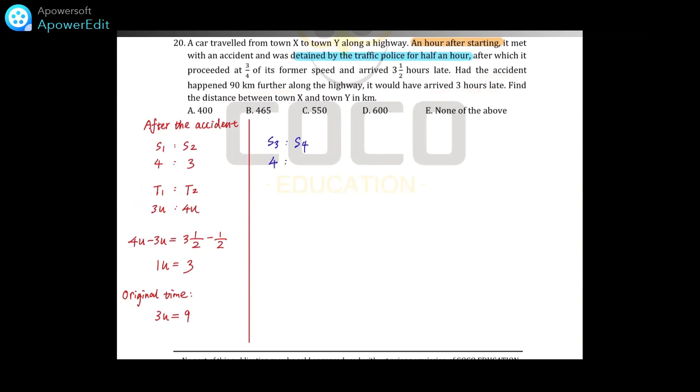Following the same speed, the speed ratio is 4 to 3, so the time ratio is the opposite, 3 to 4. We find the time difference, 3 hours late, and don't forget to minus the half hour where it stopped completely. So we find that 1p equals 2.5 hours.